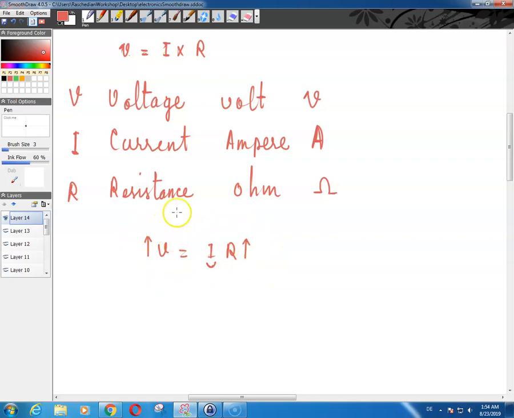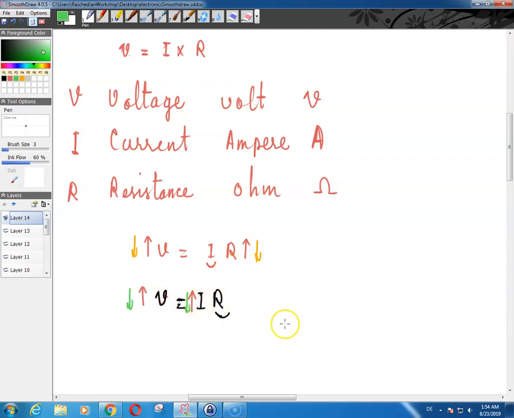And if you decrease your V, you have to decrease your R. On the other hand, if I keep my R constant and I increase my voltage, the current is going to be increased. If I decrease my voltage, my current is going to be decreased, because they have a direct relationship.